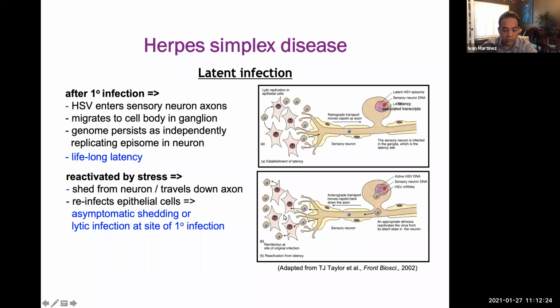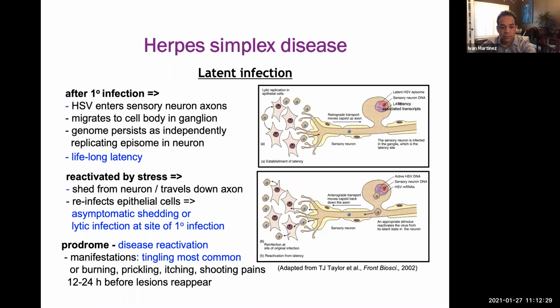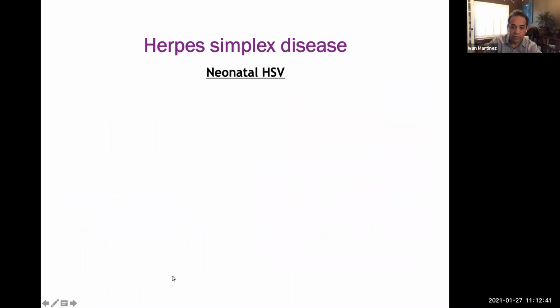That is the reactivation of the virus. They cause the prodrome, disease reactivation, and then, like I said, the lesions appear, but they're not as dramatic as the first infection.